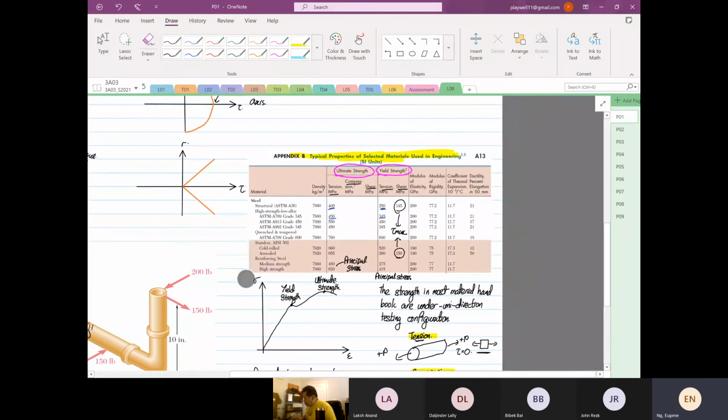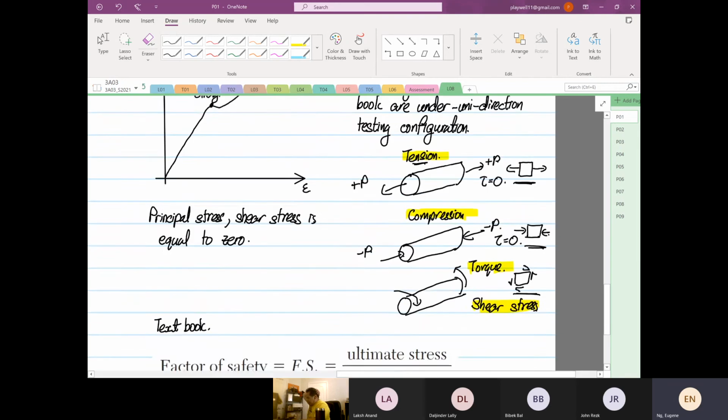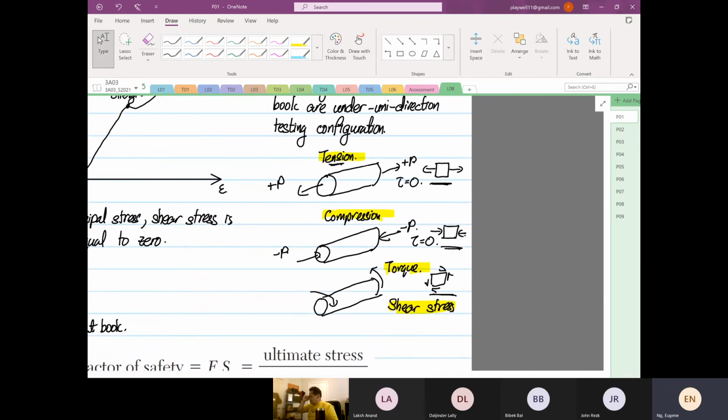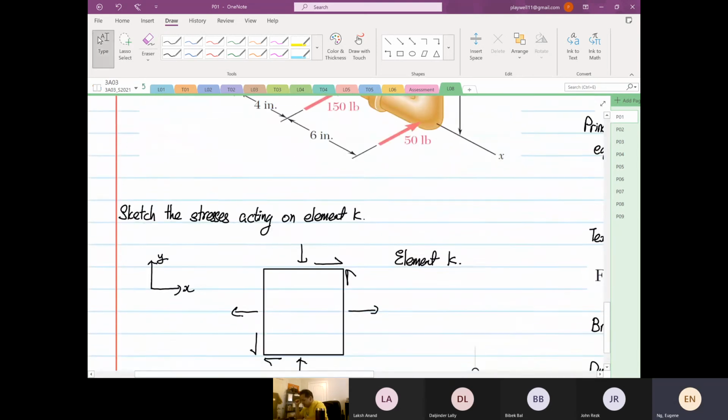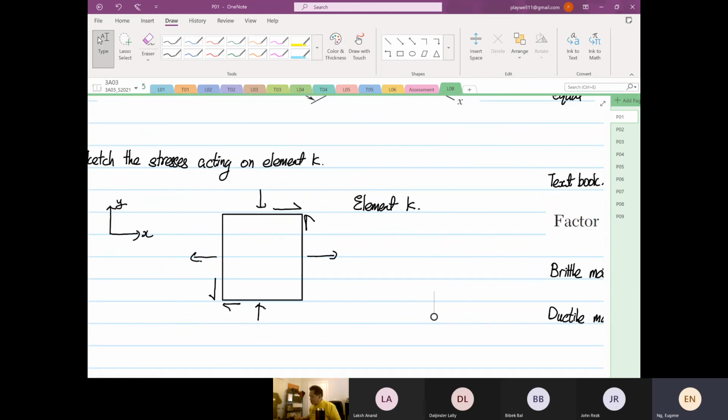Then how are we going to use this data? These data are taken from where? Uniaxial directional test, one direction. Now under this loading condition, we have a 3D loading condition.